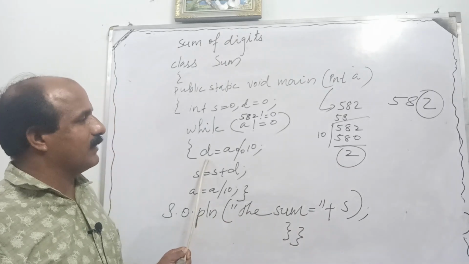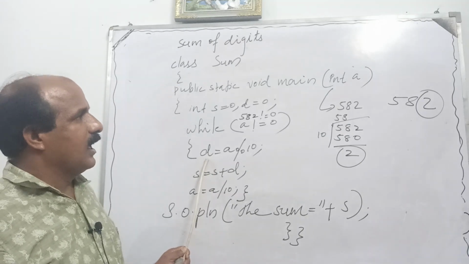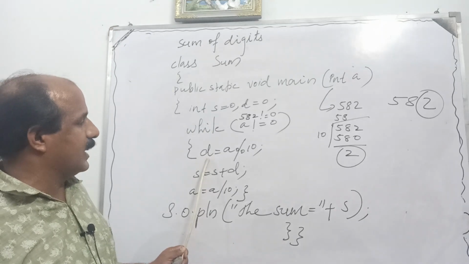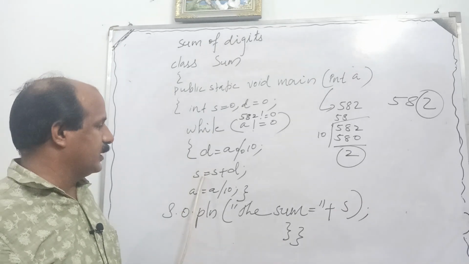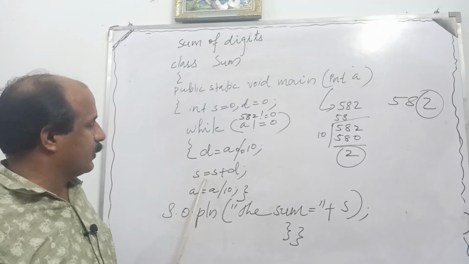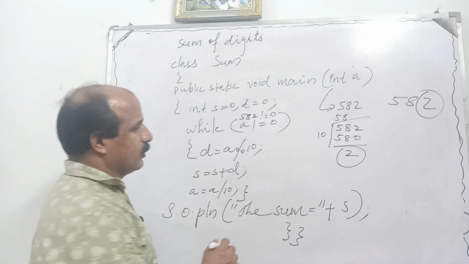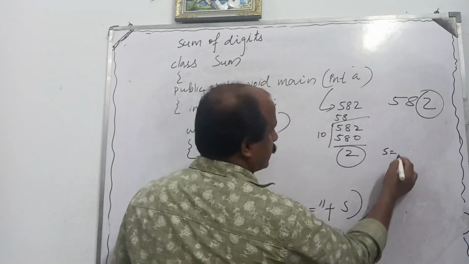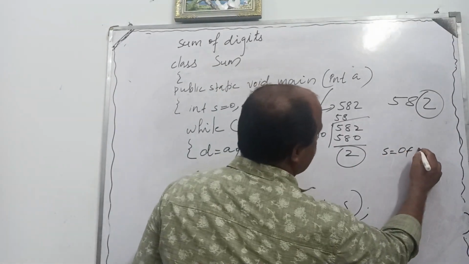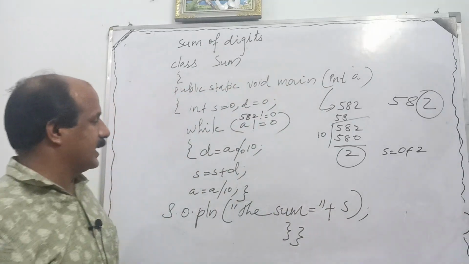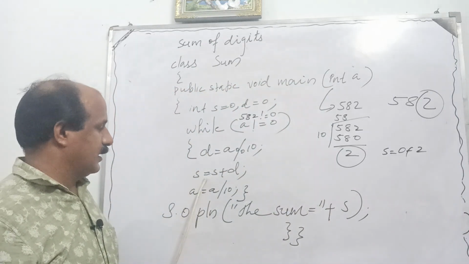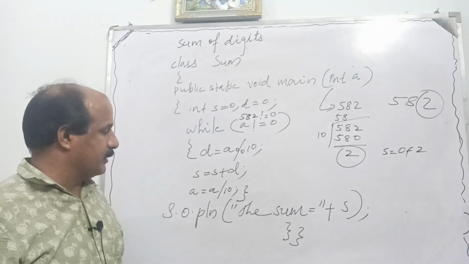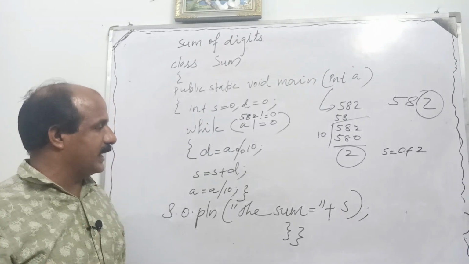So in D, the value is 2. As I got the last digit, I have to add that last digit to a variable called S. S is equal to S plus D. In S what is there? 0. 0 plus D, D means 2, will be added and kept in S. Now the new value of A: A is equal to A divided by 10.